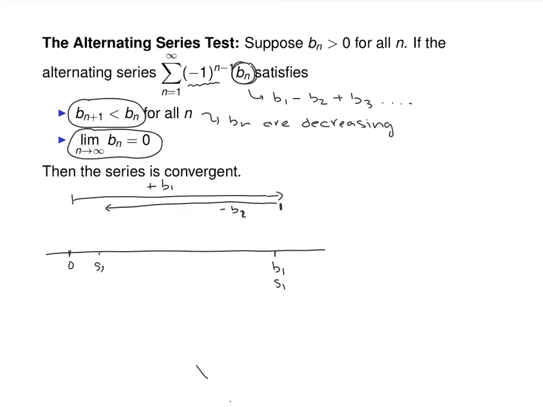And so there's your second partial sum. And then you add on b_3, but b_3 is not as big as b_2. So you go over to some value, and there's your third partial sum. And then you take away b_4, and that's your fourth partial sum.